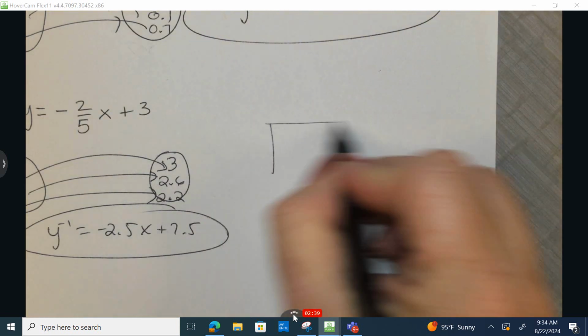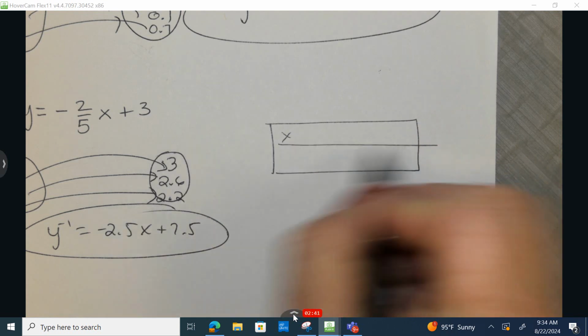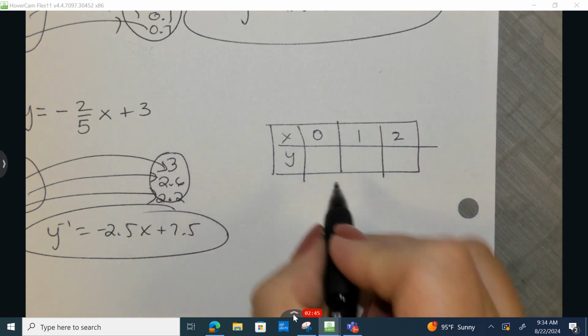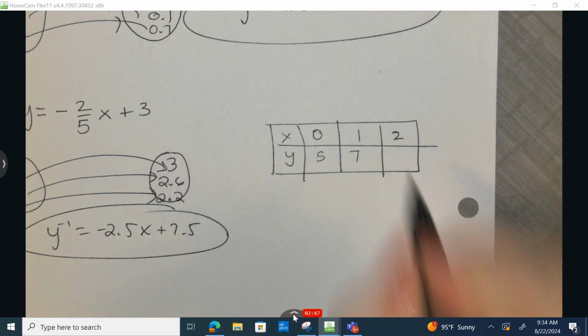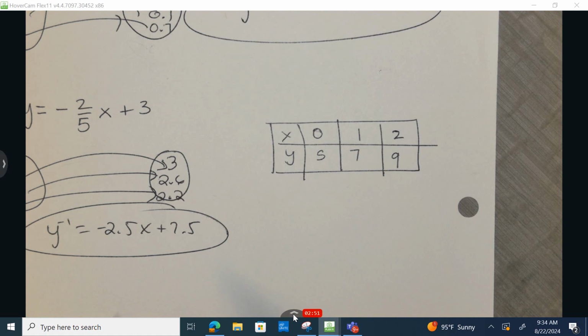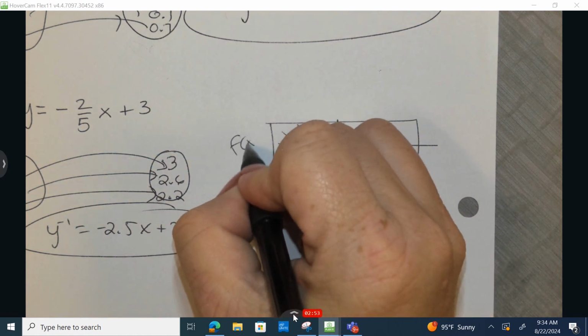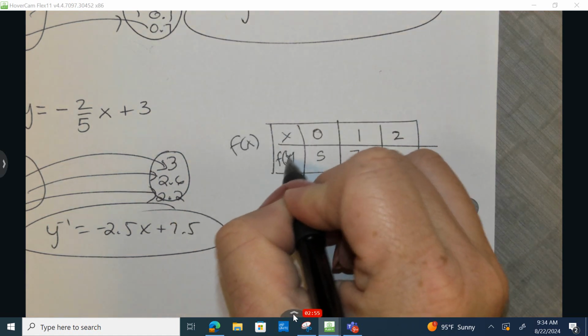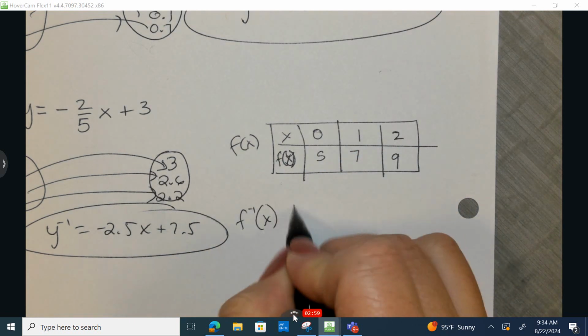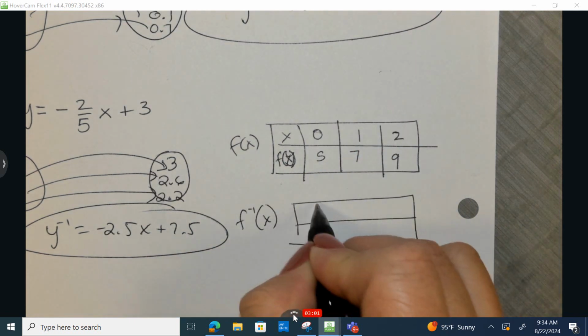If I gave you a table, and it said 0, 1, and 2, and they went with 5, 7, and 9. And I said this is what we're going to call function f of x. So let's make this an f of x. Make your x and y. And now I asked for the inverse of this function.